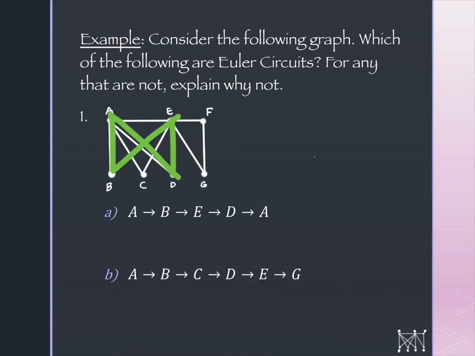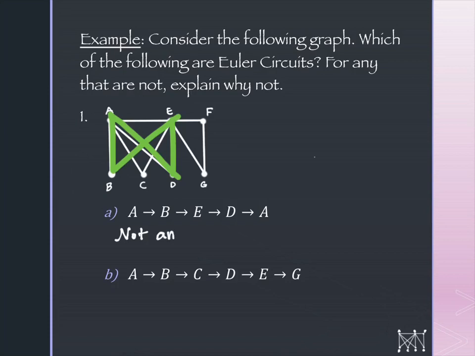It's specifically asking, is it an Euler circuit? No. Is it a circuit? Yes, it is a circuit. We haven't actually seen one, so this is a good one to see. We've seen a circuit now. It's a circuit, but it's not an Euler circuit. Why not? Right.